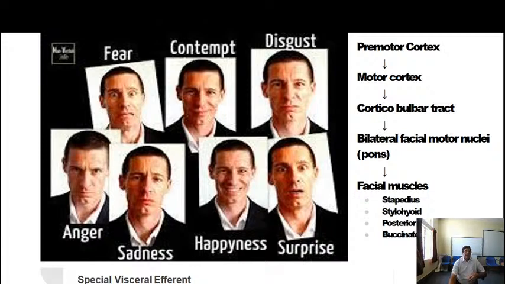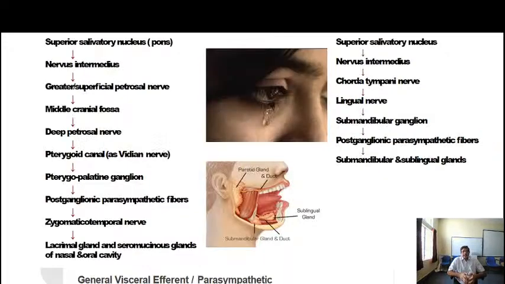Then we have the motor, the parasympathetic, which supply the lacrimal gland and also the submandibular and sublingual salivary glands. We'll go into the details of these nerves, how they arise and how they go.